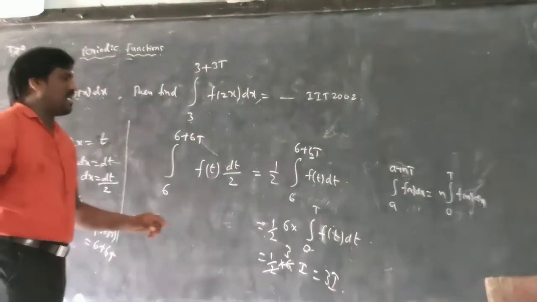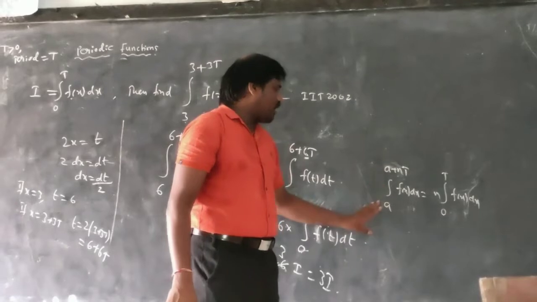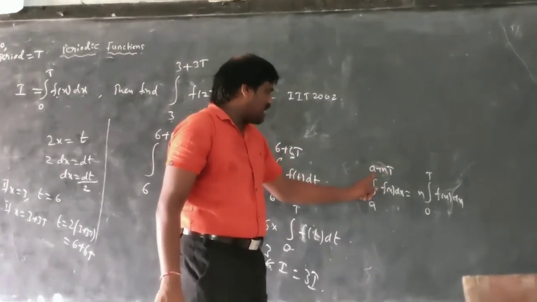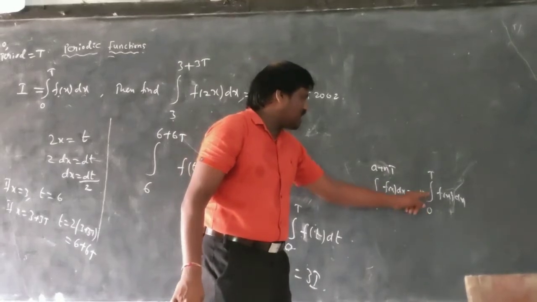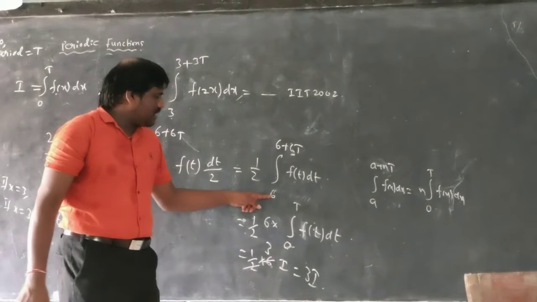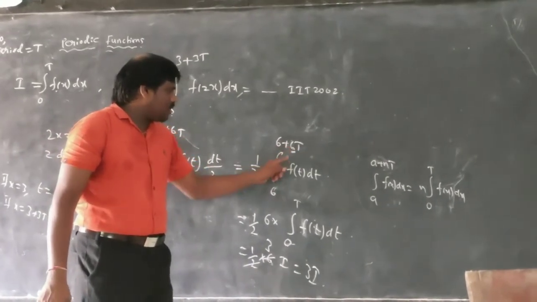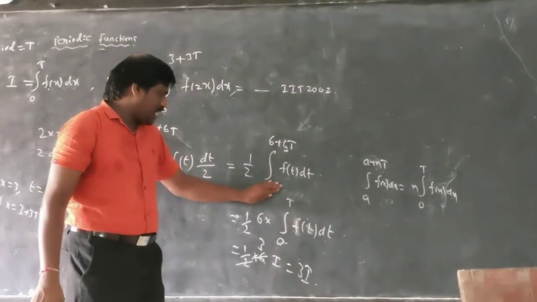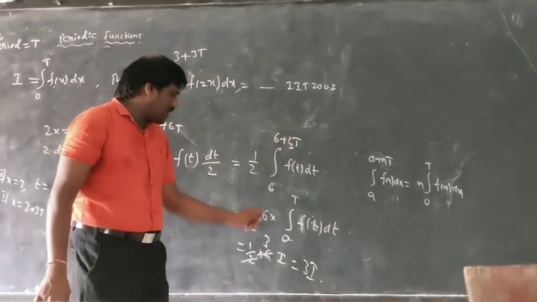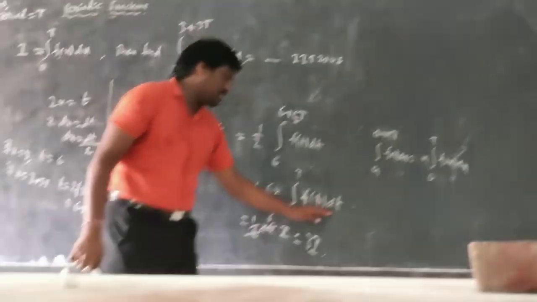I hope you understand here. Whenever you have the integral from a to a plus nT, you remove a, write the n outside, and the integral from 0 to T of f(x) dx. The same way here, whenever you have the integral from 6 to 6 plus 6T, you can remove this 6 and write 0, and this 6 should come out. The integral from 0 to T, the function itself stays as it is.